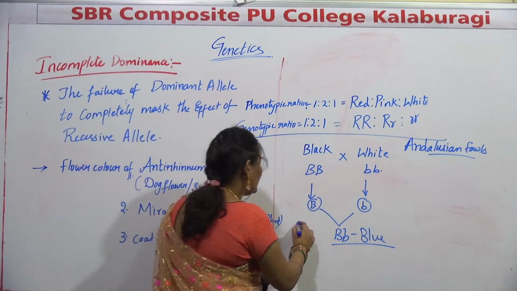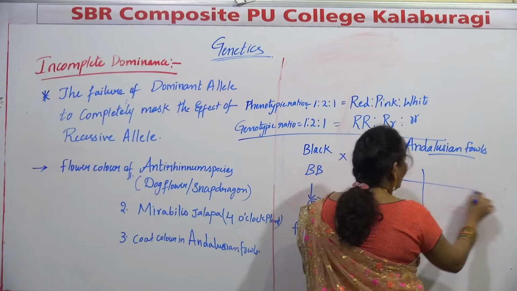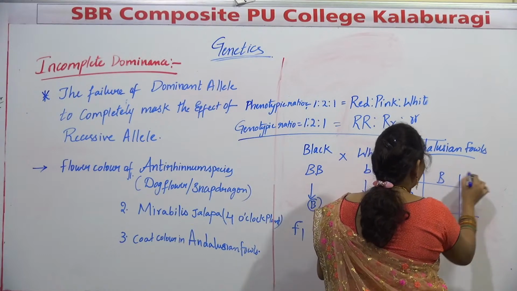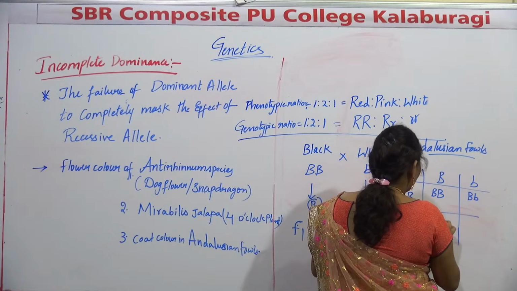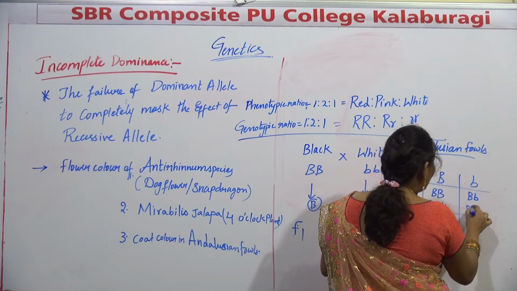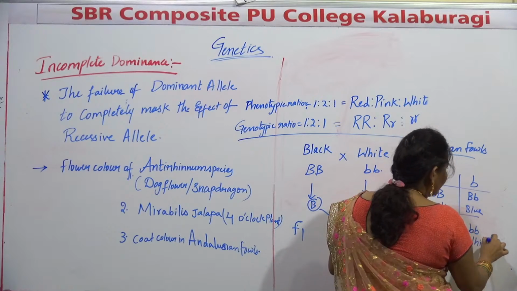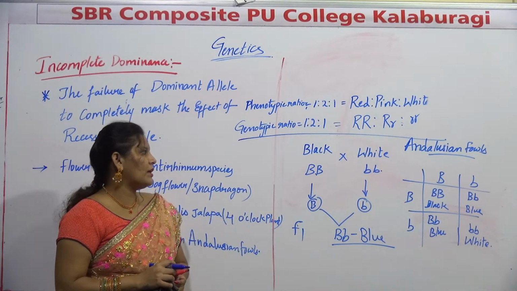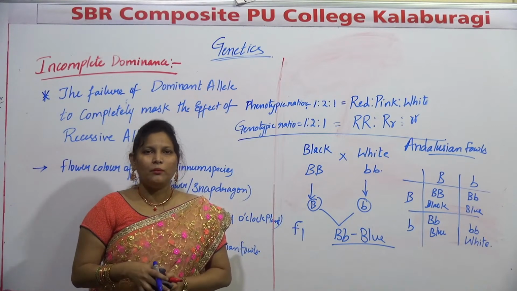And when F1 individuals are allowed to undergo self-fertilization, again it has resulted in the same 1:2:1 ratio of black to blue to white. So here black to blue to white are in 1:2:1 ratio, which is a deviation from Mendel's law of dominance.